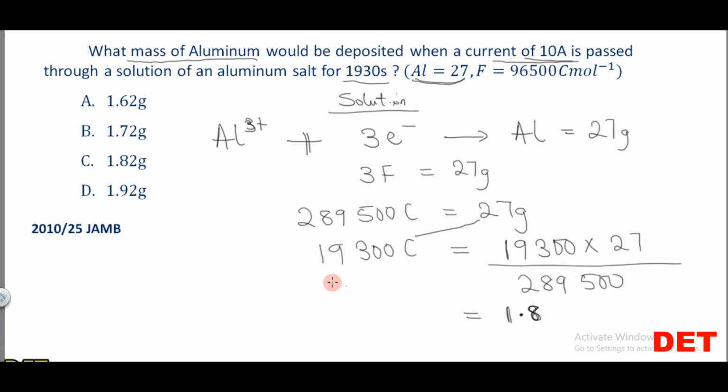So the correct answer to this question is option C. That's 1.8 grams. So 19,300 coulomb would give us 1.8 grams of aluminum. That is the mass of aluminum that will be produced when a current of 10 ampere is passed through a solution of an aluminum salt for 1930 seconds.